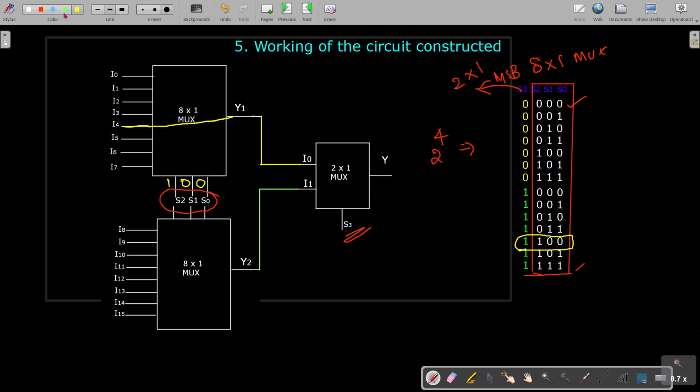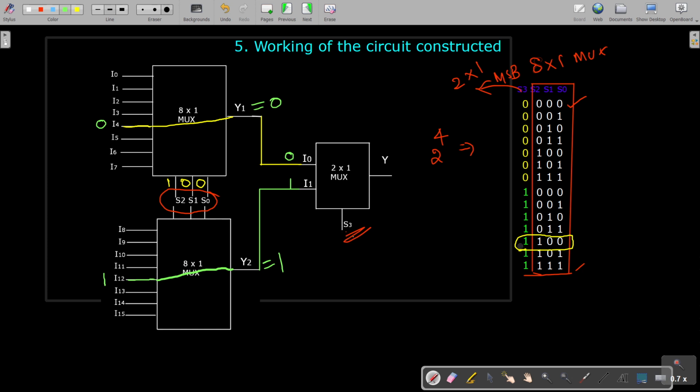And on this side, because of this 1 0 0, this one will be selected and it will be connected here. So you have two different lines connected here, and suppose you have 0 input here and here you have the 1 input available, and this 0 input will be transferred here to Y1 and this 1 input will be transferred here to this Y2. So this I0 will be having 0, I1 will be having 1.